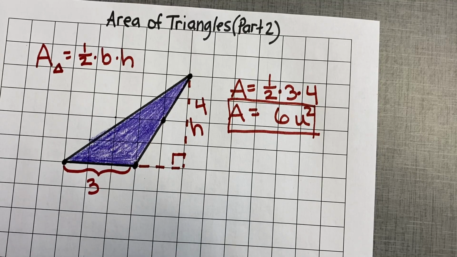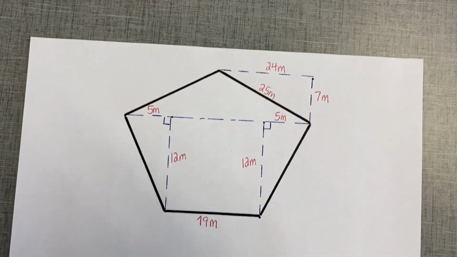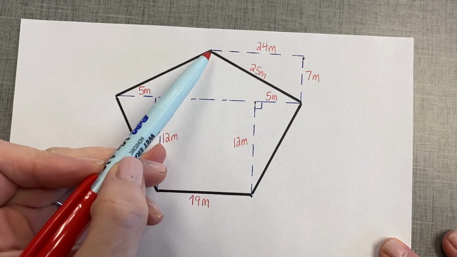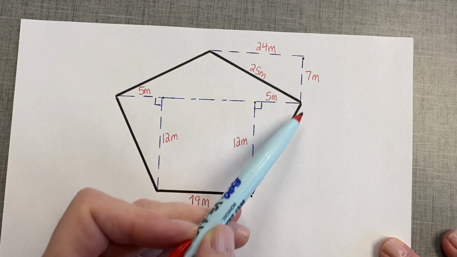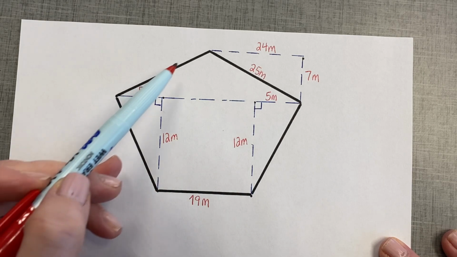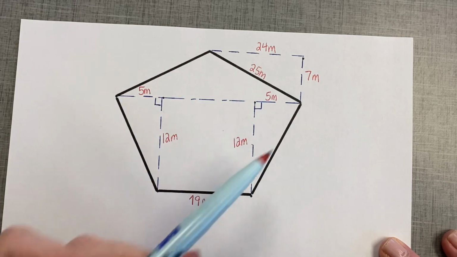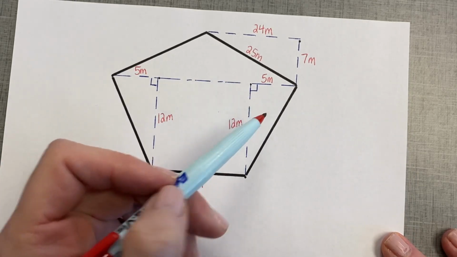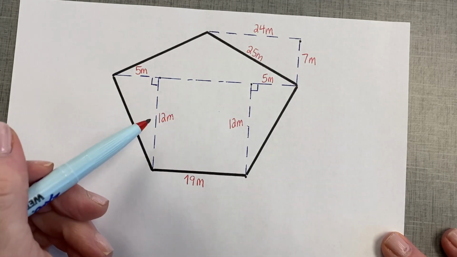Now, the next slide is going to be also area, but of this pentagon. So a pentagon is a 5-sided figure. So 1 side, 2, 3, 4, and 5. So the area of this pentagon, you can see, has been broken up into different shapes that we do know the areas of.